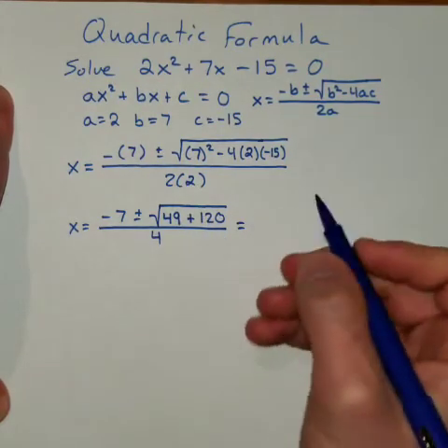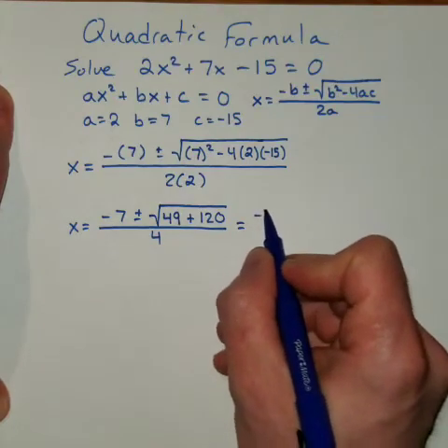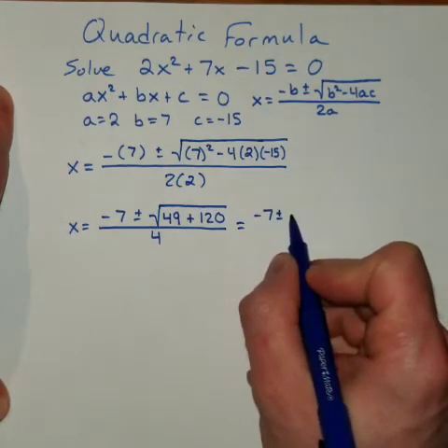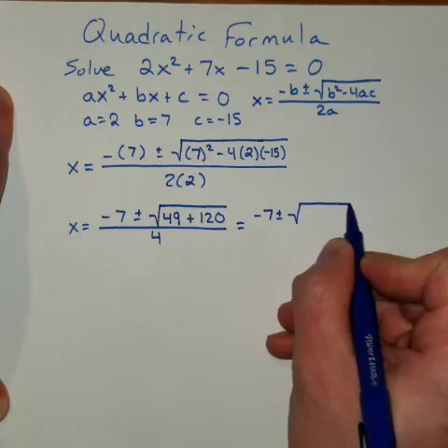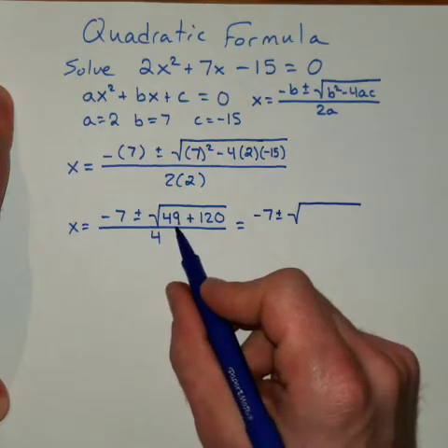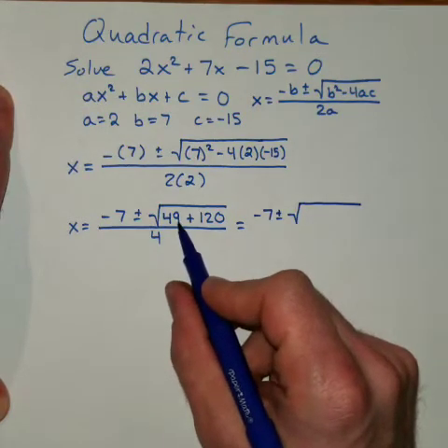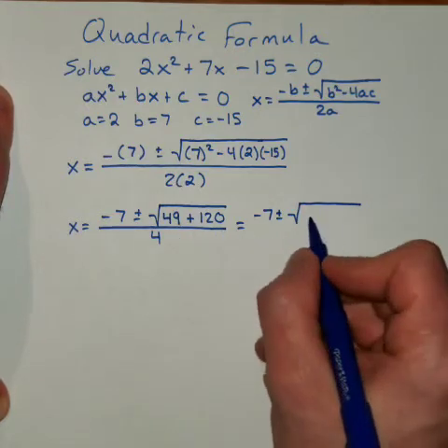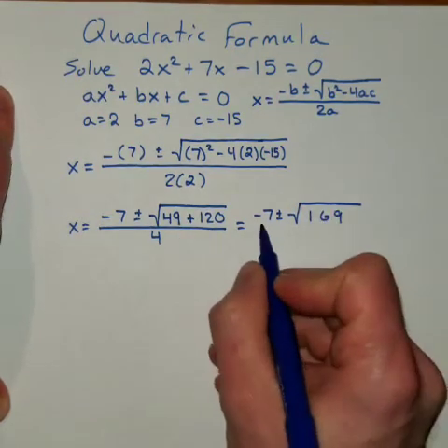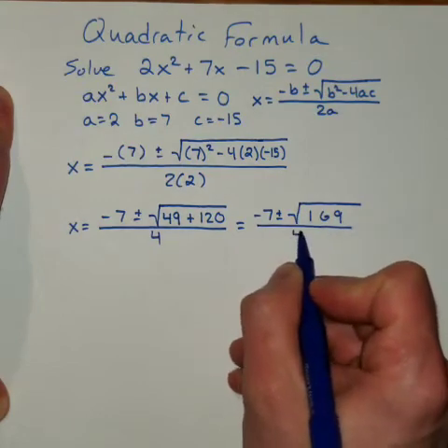Now I can combine the terms under the root, so I get negative 7 plus or minus the square root of, let's see, what is that? That's 169, all over 4. Okay.